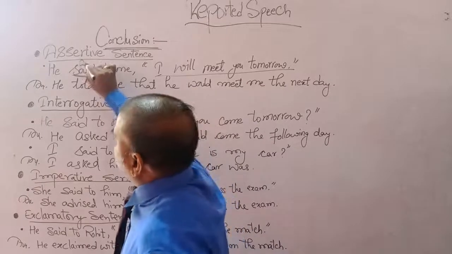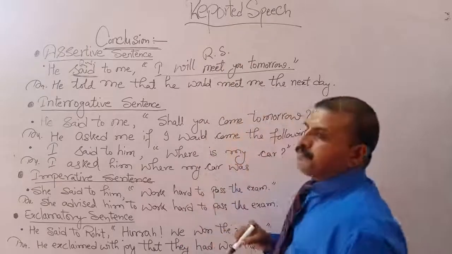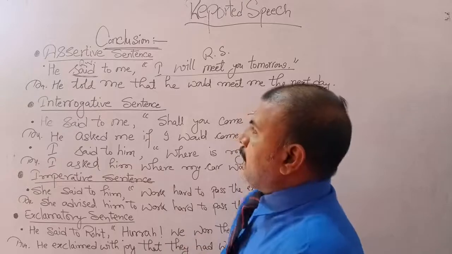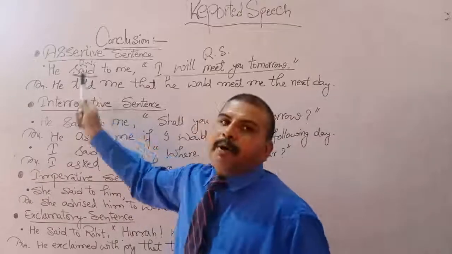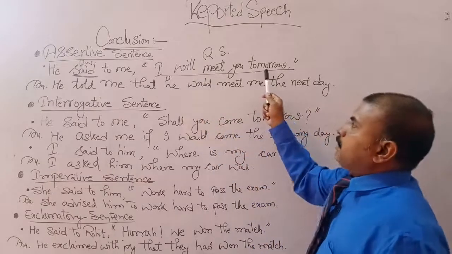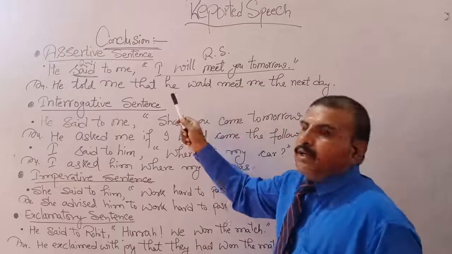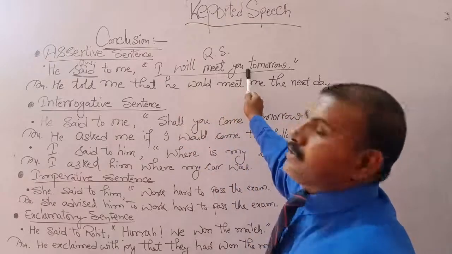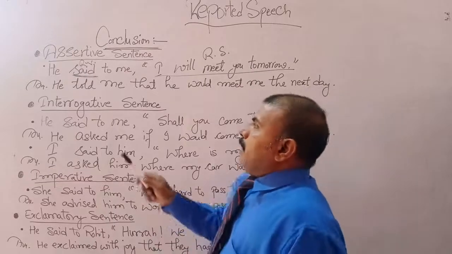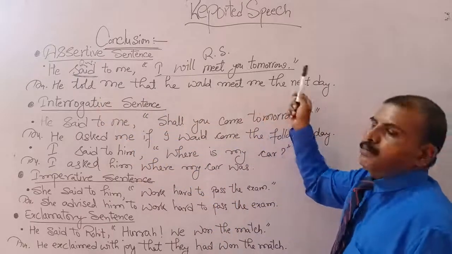As we identify that the reporting verb denotes past tense and the reported speech does not reveal any fact or truth, we have to convert the tense of the reported speech. So, said is your reporting verb, and the reported speech is "I will meet you tomorrow."